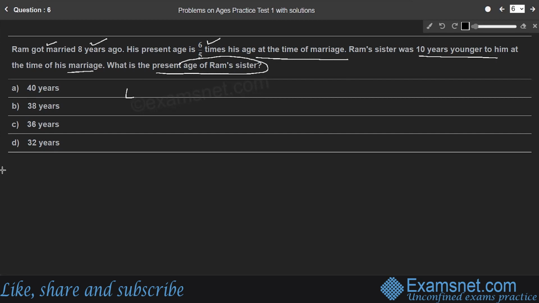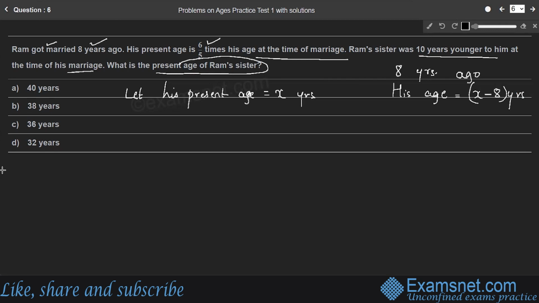Let us assume his present age is X years, right? So 8 years ago, his age was X - 8 years, right?